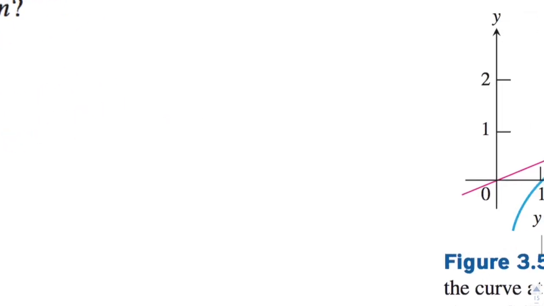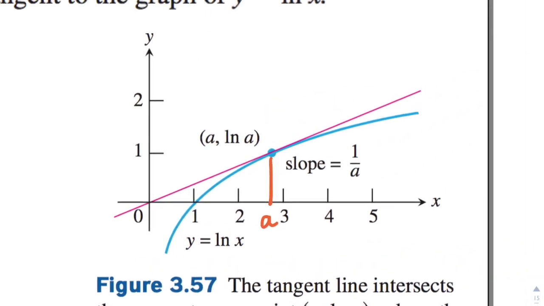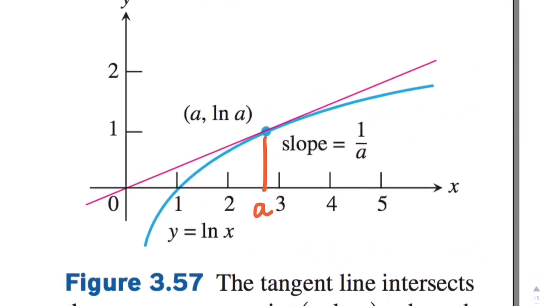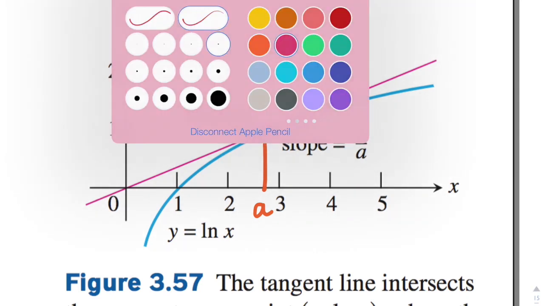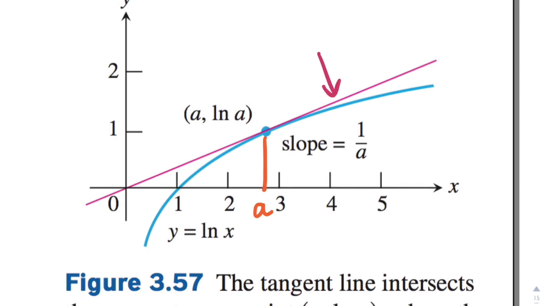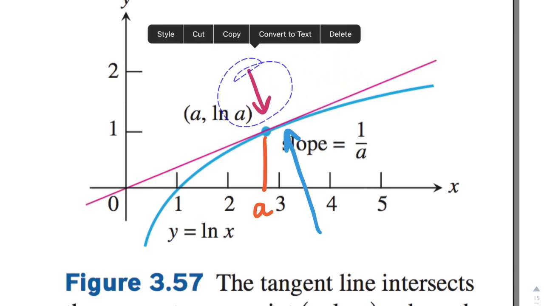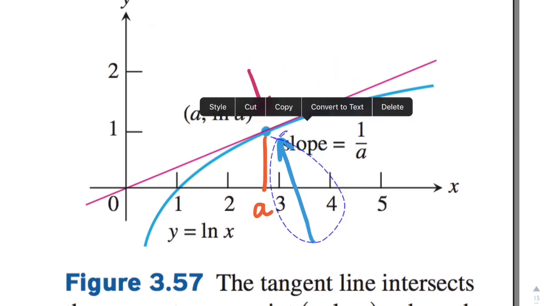Let's actually do that. Let's say that I want to find average rate of change, which is this line right here, and set it equal to my instantaneous rate of change, which is this line right here. And I want to set them equal at the same location of a.